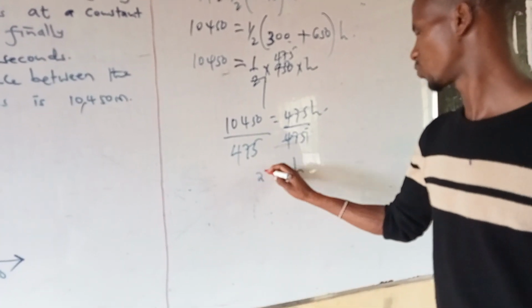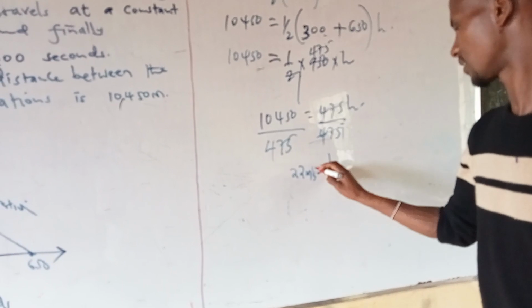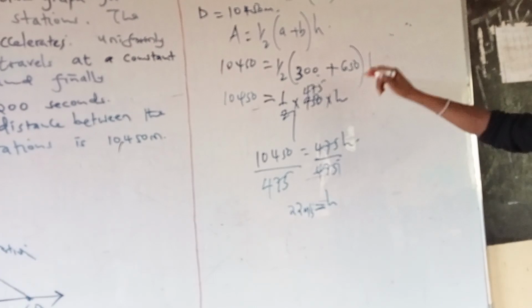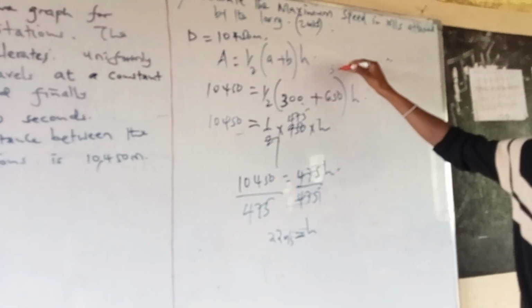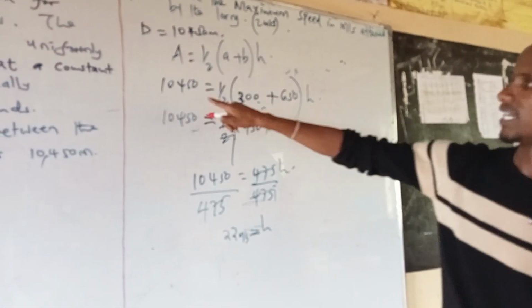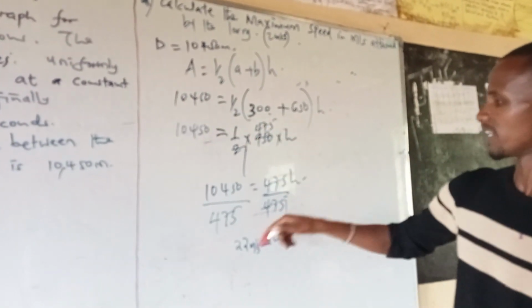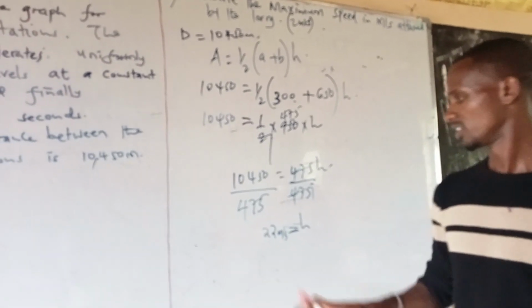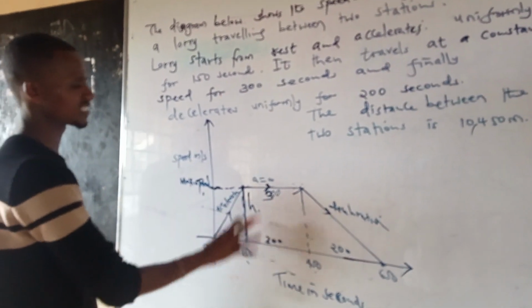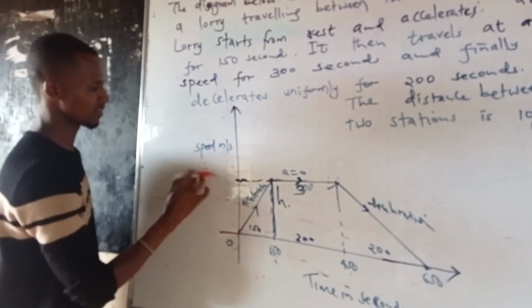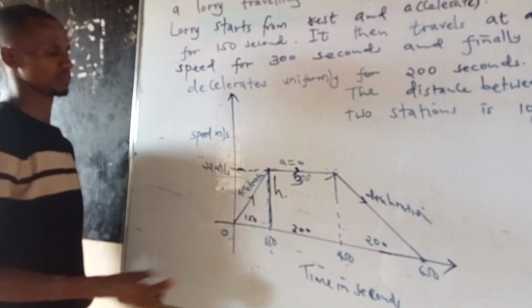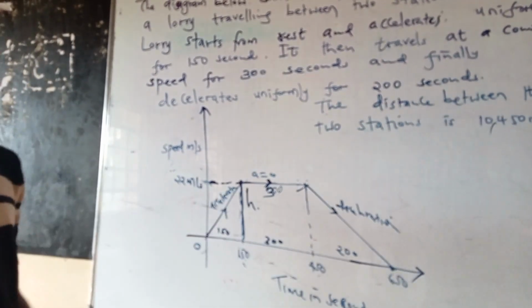This will give us 22 meters per second. 22 meters per second, because you are dividing distance in meters by time in seconds. So if you divide, you get meters per second. So that is the height, which is our maximum velocity. So our maximum velocity here will be 22 meters per second.